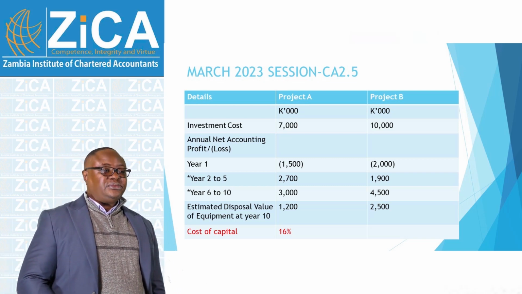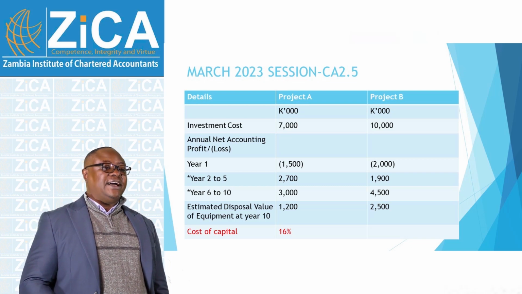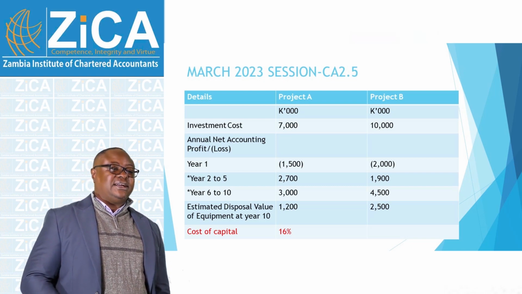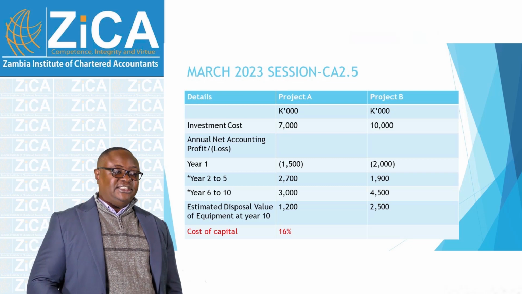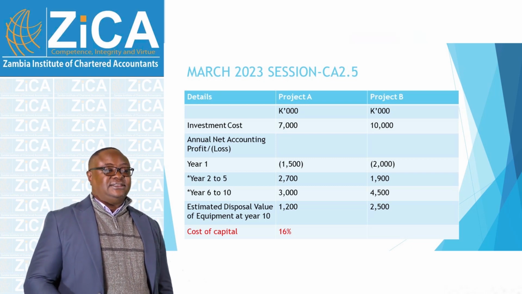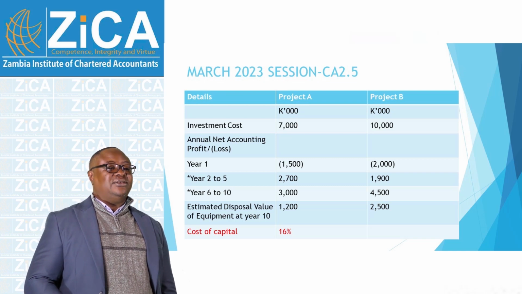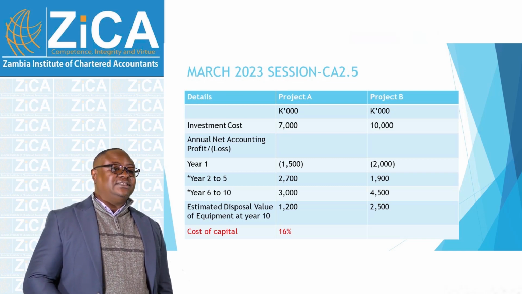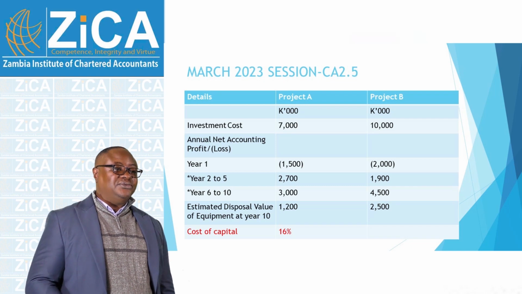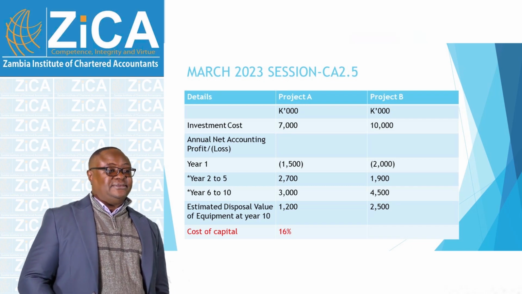There was the issue of adding back the non-cash flow items, which was depreciation in this case, and these were converted to cash flows. And there was a need of now discounting these cash flows. There were annuities in different times.